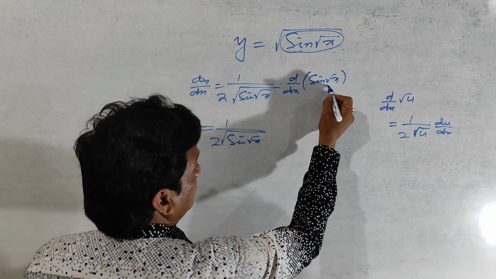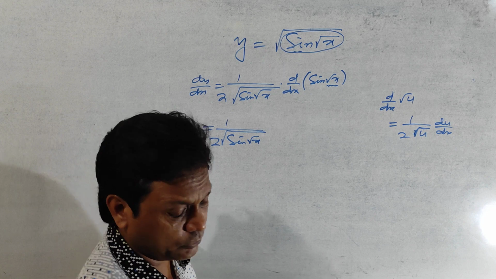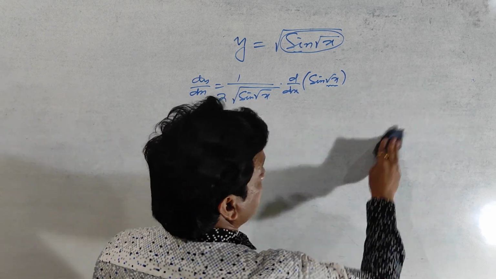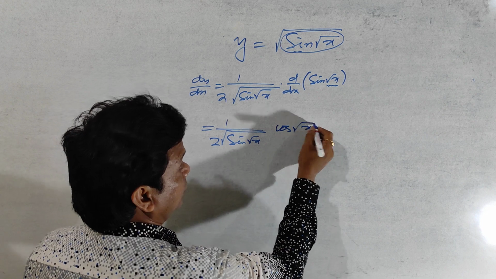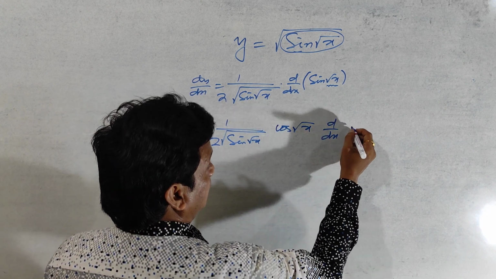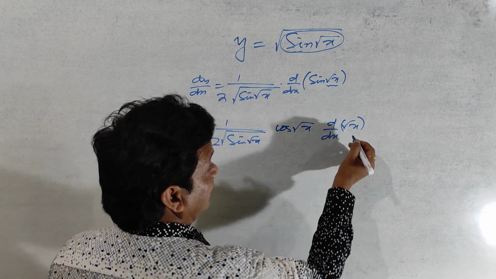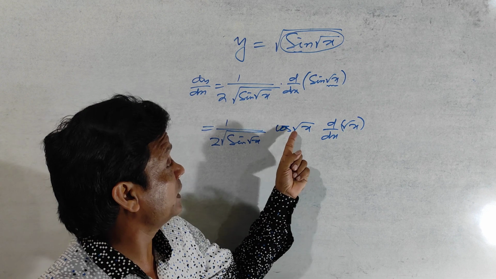Then it is in the form of sin u, and the derivative of sin u is cos u into du by dx. So cos of root x into the derivative of root x. See here, some people are saying that this is cos into root x.